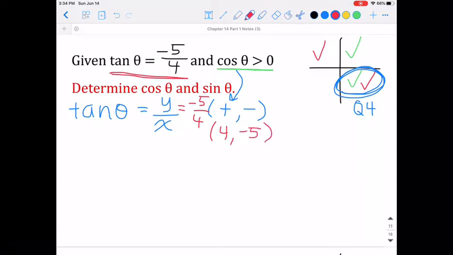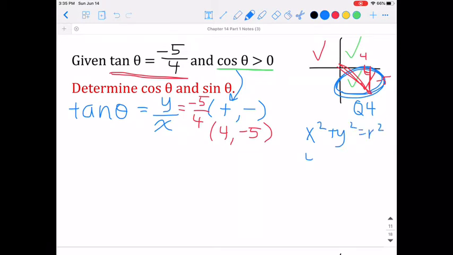So with our reference angle, if we draw it out in quadrant 4, we have a right triangle there, it's going to be 4, negative 5. And again, just like we did before, to determine cosine and sine, we have to figure out our r value. So for r, we can do x squared plus y squared equals r squared.